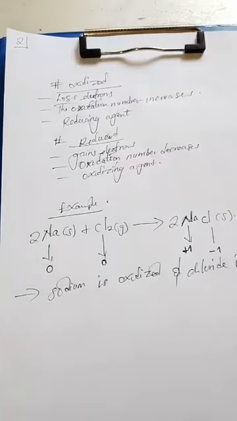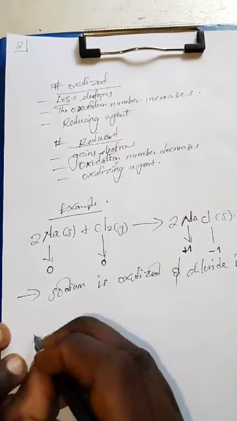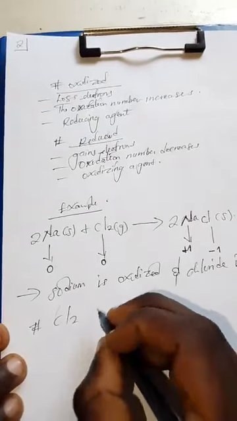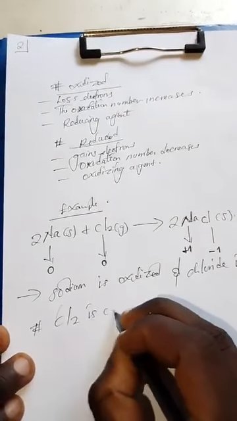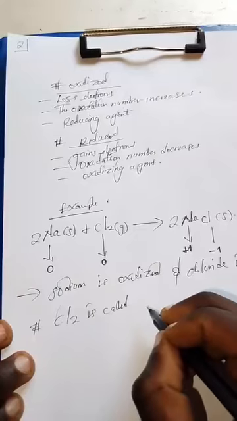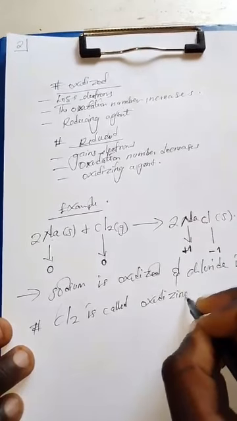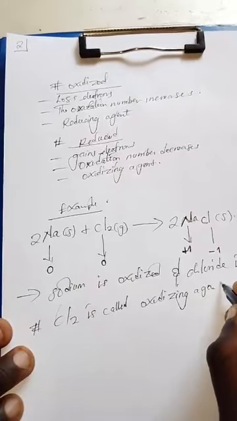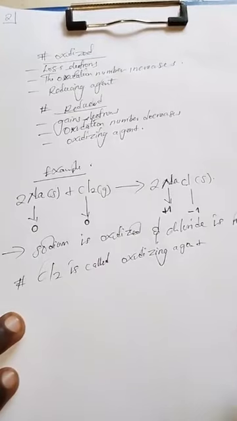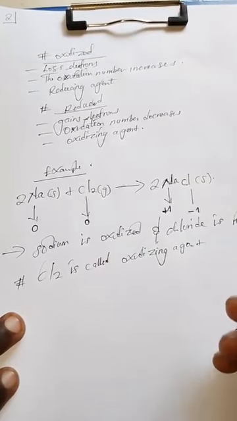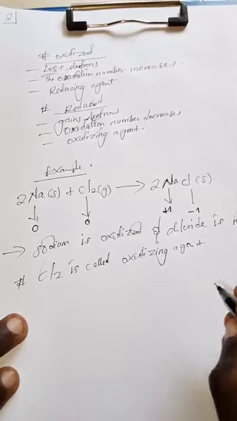From here we're going to say chlorine will be called the oxidizing agent. When it's an oxidizing agent, it means it's an electron acceptor.